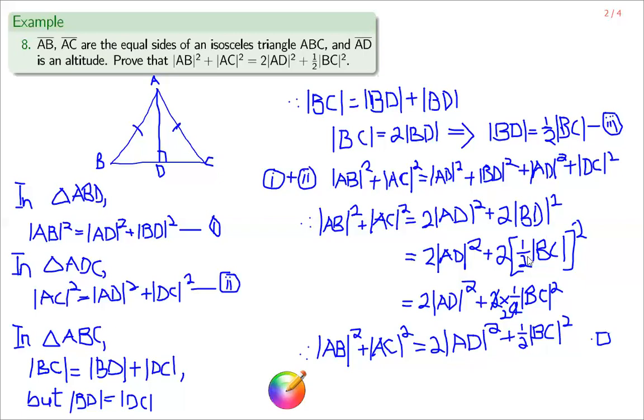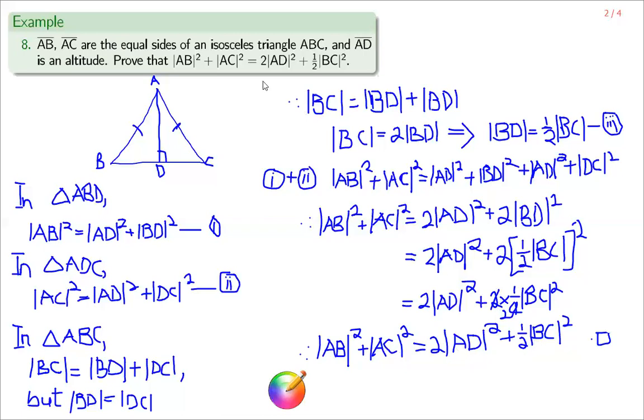Substituting into this, the square is going to affect the new substitute. That is 2AD squared plus, opening the bracket, the power here will be distributed over the numbers in the bracket. So 1 over 2 squared is 1 over 4. And I still have my BC squared. 2 can factor out of 4, remaining 2 times. So this is 2AD squared plus half BC squared.